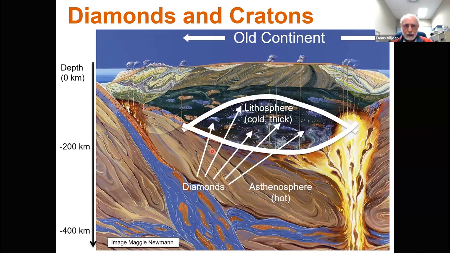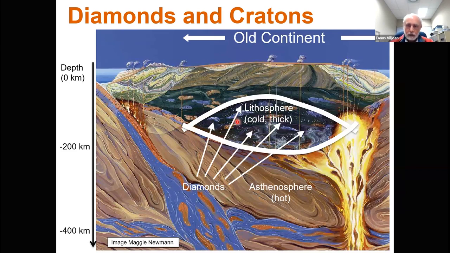The reason for that is that the heat flow from the asthenosphere becomes more pronounced in these regions. So these regions of continents are significantly hotter than the cold and very thick regions of the lithosphere in the centers of continents, where you have your oldest rocks and therefore your cratonic regions.